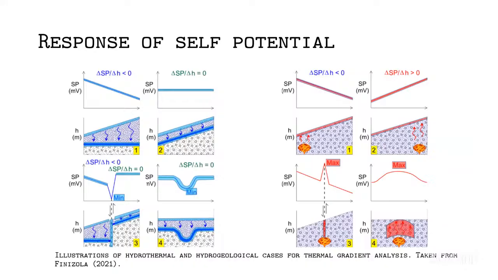In a hydrologic environment, if the water table is horizontal, as we go up in elevation, the potential decreases. This is the topographic effect. If we go up in elevation and the potential is constant, it is because the water table is always at the same distance from the surface.